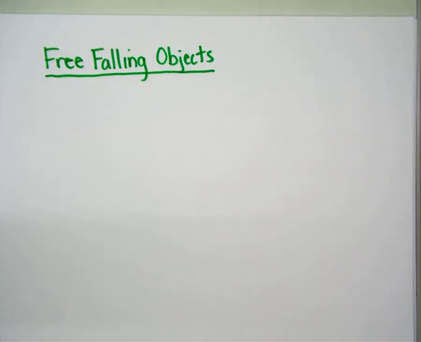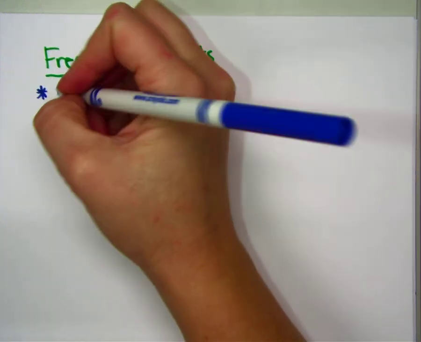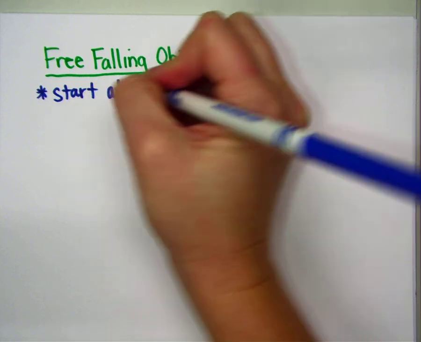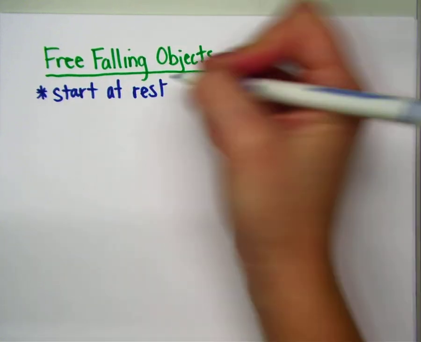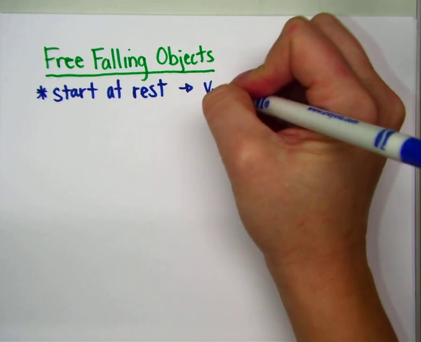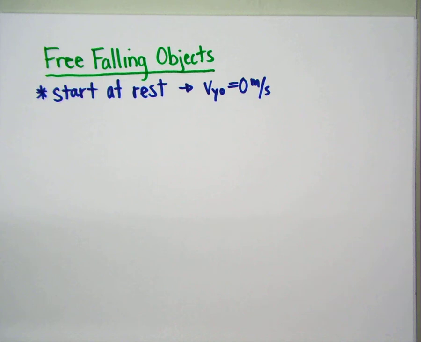The first thing that we need to remember is that all objects that are falling or dropped start at rest. So when t equals 0, the initial velocity is 0 meters per second. Okay?